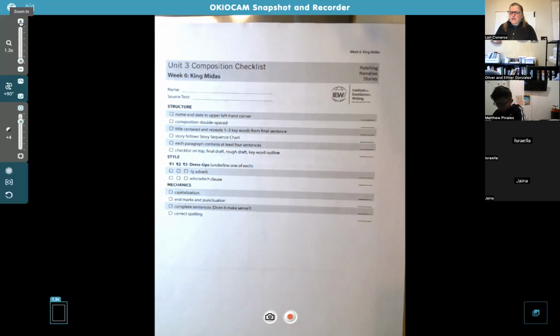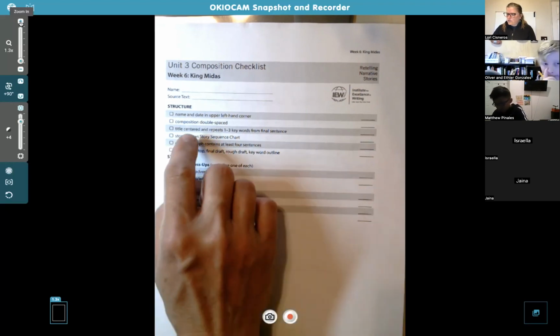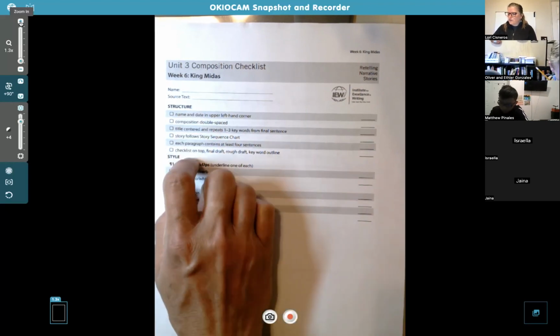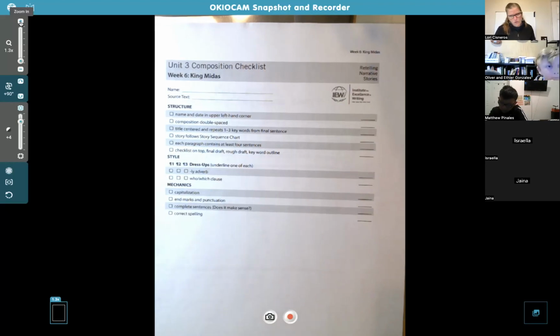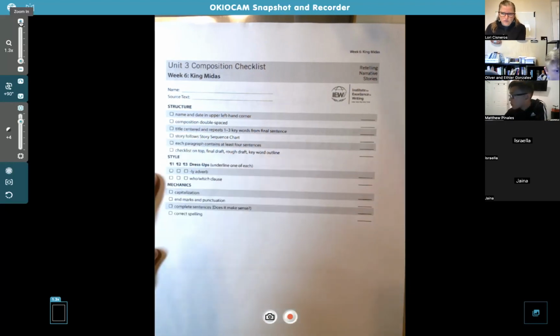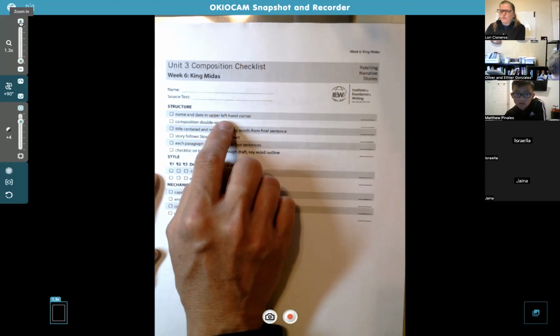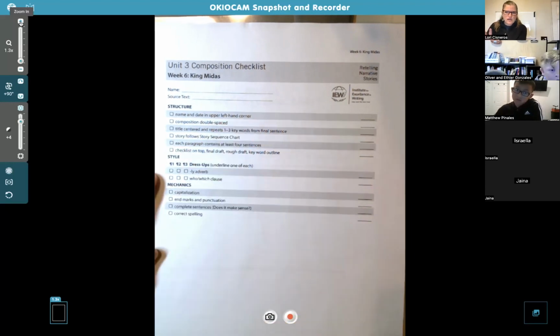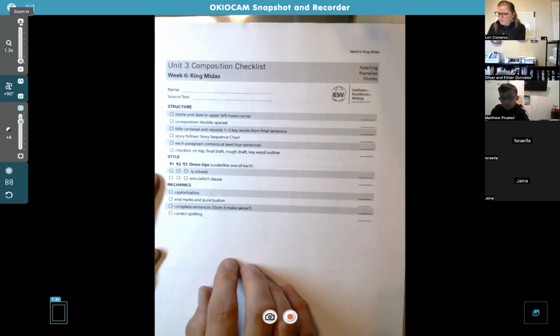And as you're writing that down, you're going to notice the structure right here is pretty much the same. There's one new thing on there. We're going to talk about that. So structure is how your paper looks. Okay, so name and date at the upper left-hand corner. You guys are good at that. You remember that we do it all the time now. So that's where it goes every time.